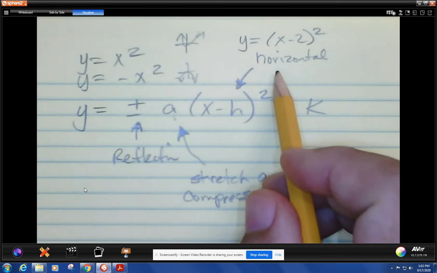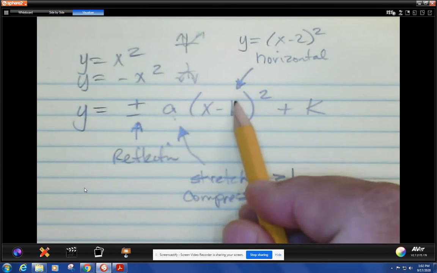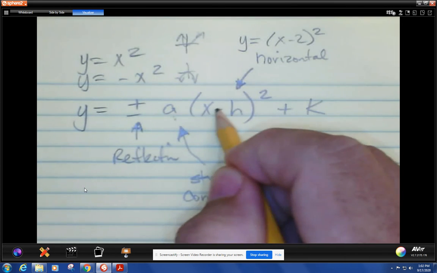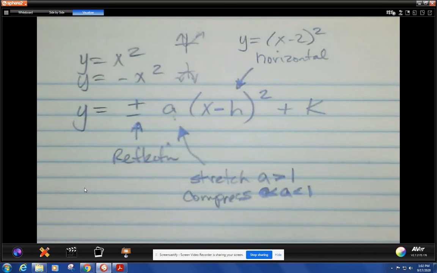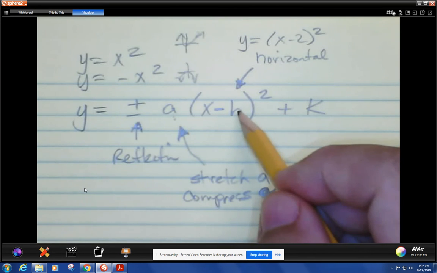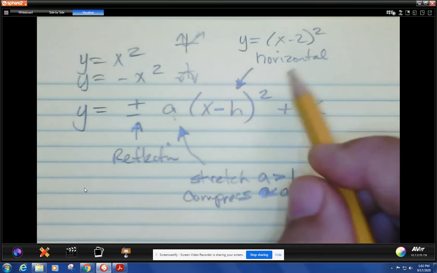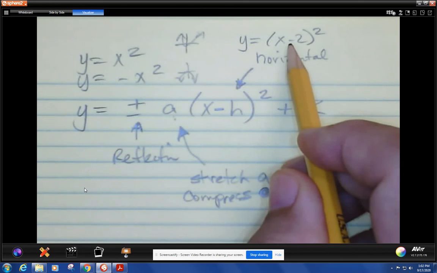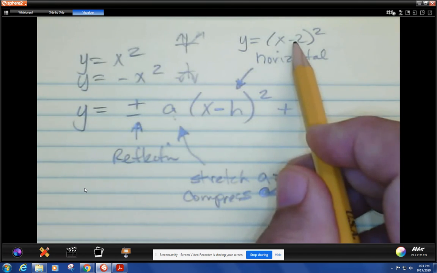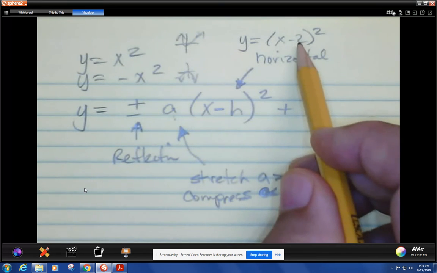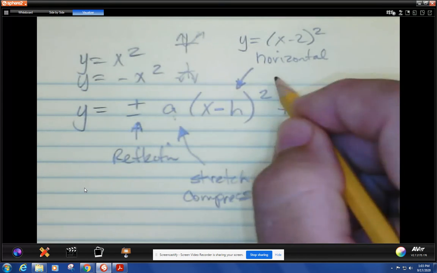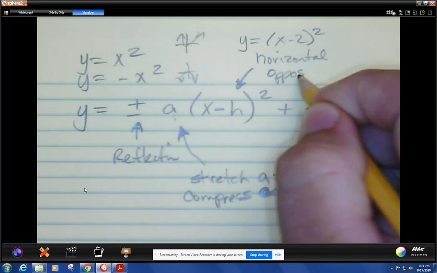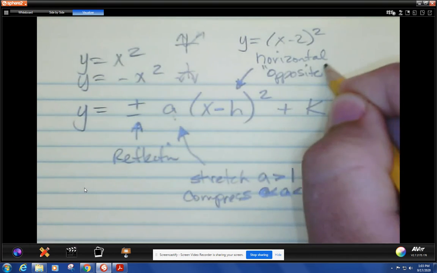But what I want you to remember is it is opposite. So this negative is part of the formula, which means that this actually behaves the opposite of the way you think it would. In other words, we would think that this should move to the left 2 because it's minus 2, but it's actually the opposite. This would denote a horizontal shift to the right 2 units. So this is opposite. I want you to make yourself a note of that.